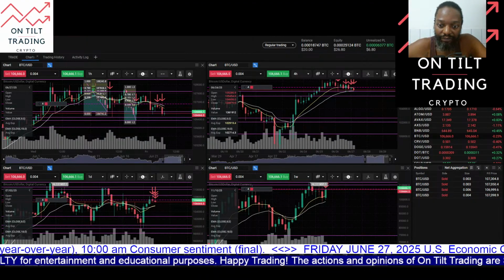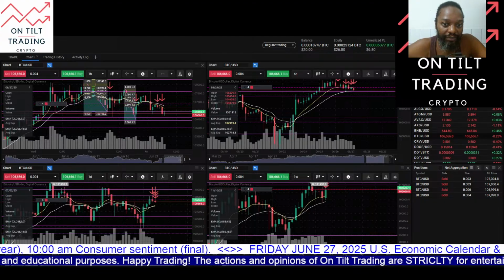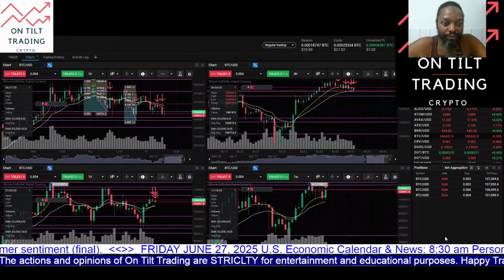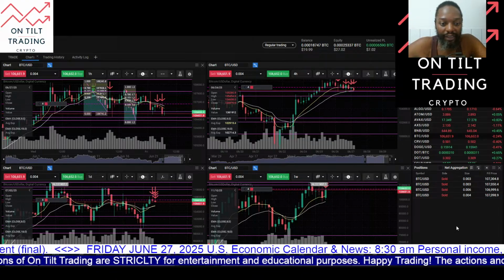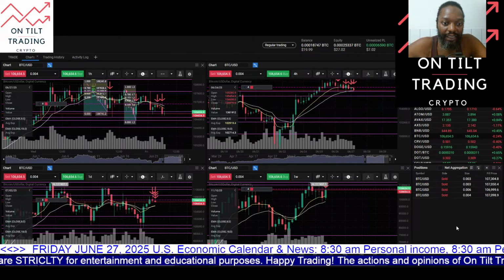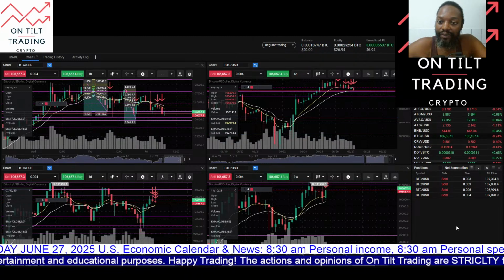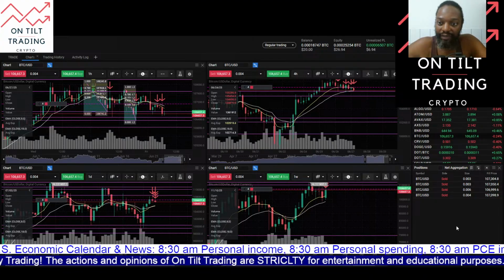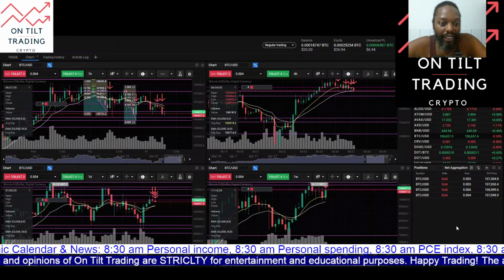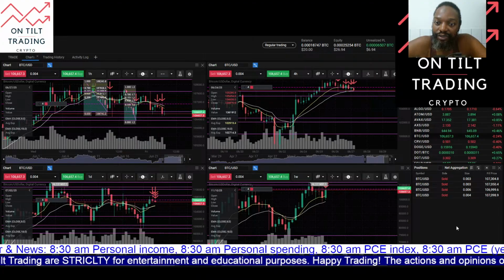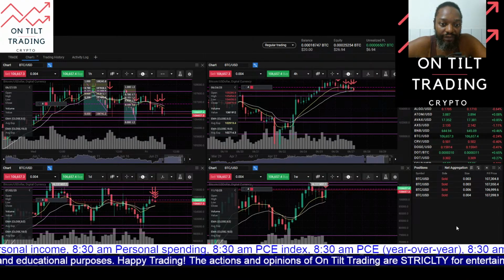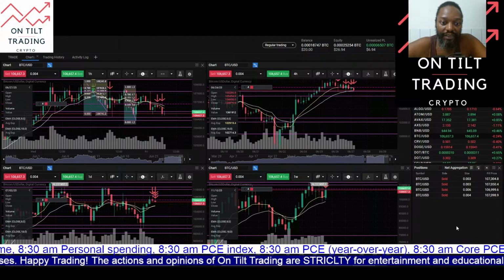I would imagine if everything is in alignment, my assumption would be things would probably move a lot smoother, with things not being aligned, things struggling or having a hard time breaking out of these areas of consolidation. Bitcoin now trading around the 106,650 level at 106,657.3.